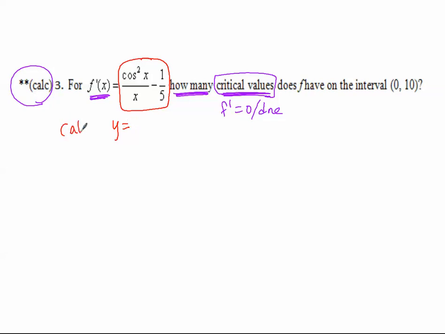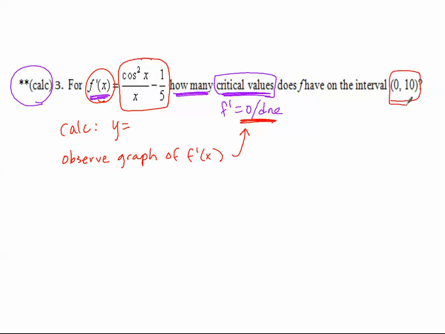So using your calculator, we're going to go to y equals and observe the graph of the function they gave us, f prime of x. Then we'll be able to see where it equals 0 or doesn't exist. Keep in mind the interval that we're focused on.